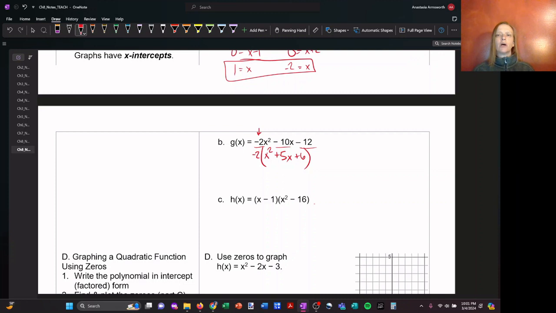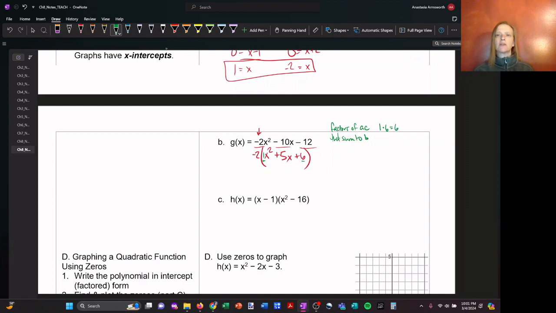Remember, you should multiply your A value times your C value, and then find factors of AC that add up to B. Factors of AC that sum to B. Well, A times C is 1 times 6, and that equals 6.